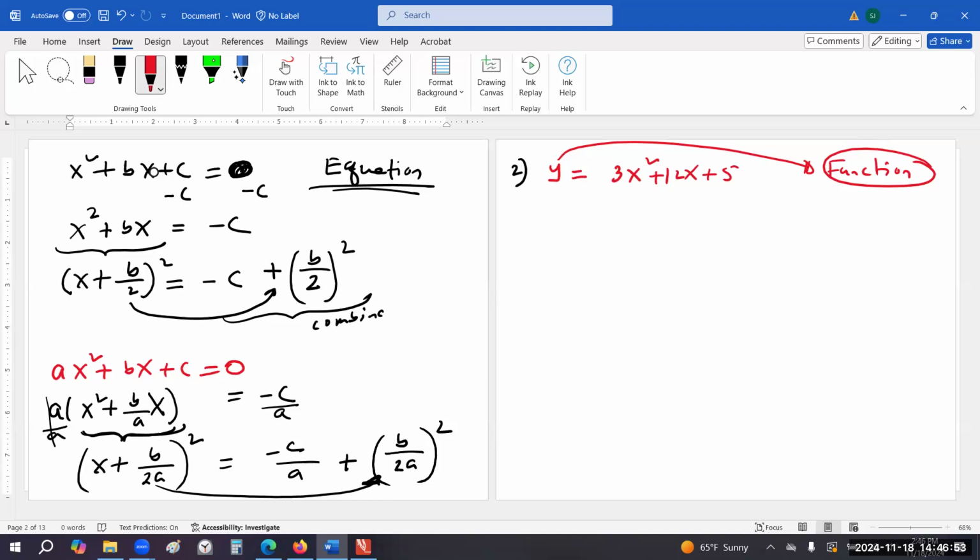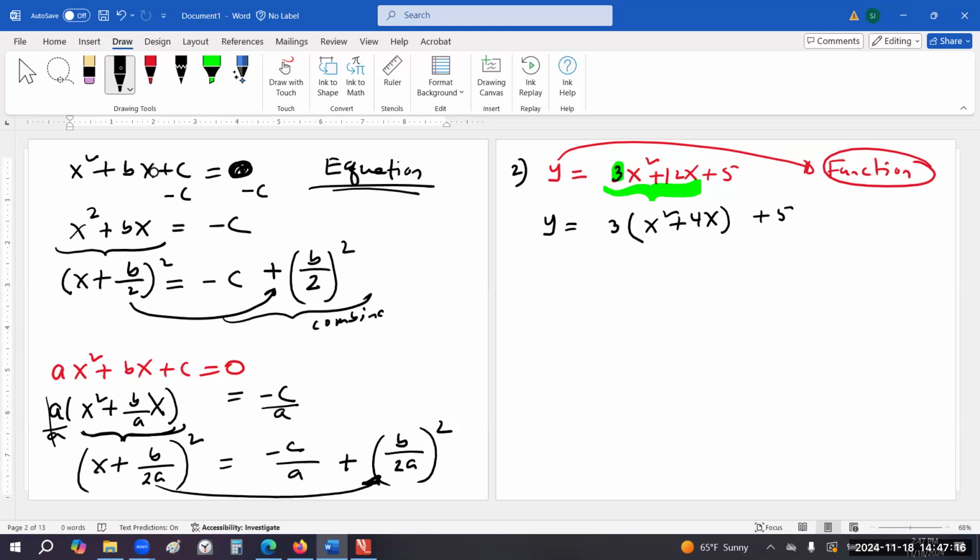But we have a leading coefficient. Since we have a leading coefficient, our first job is to take out that as a common factor. So we get y equals 3 times (x squared plus 4x) plus the 5. I didn't take out 3 from 5 because 5 is a constant. We don't need that constant.